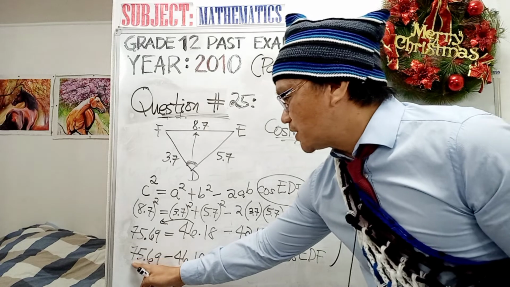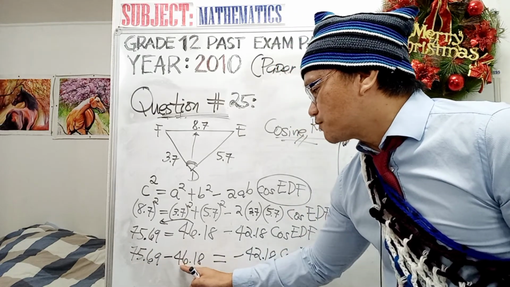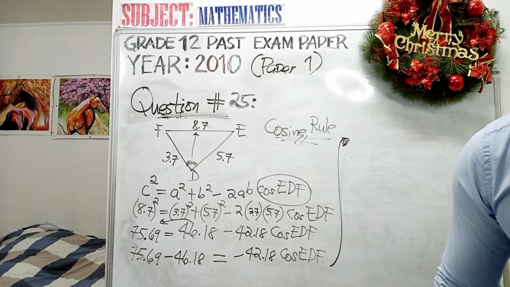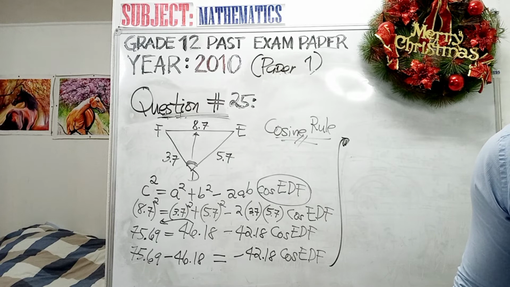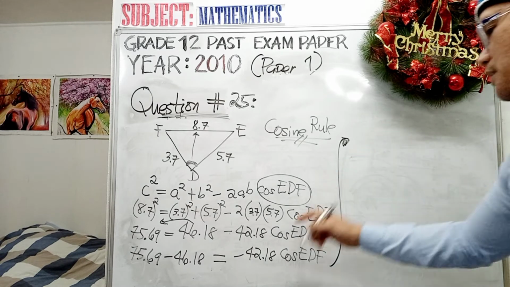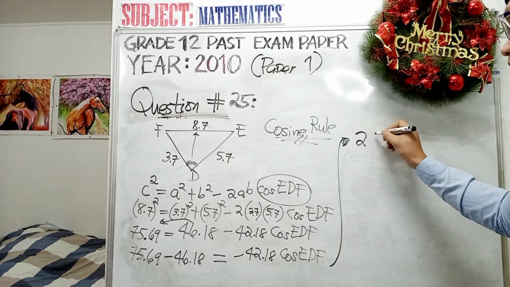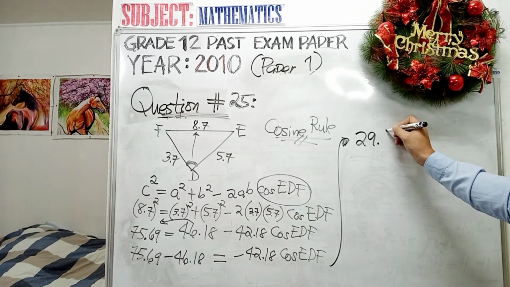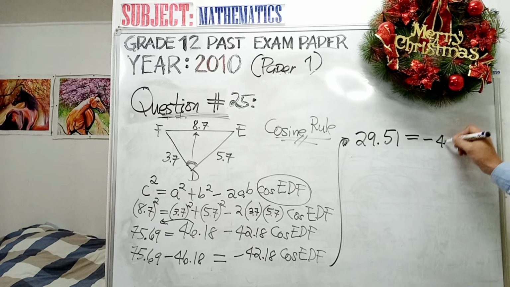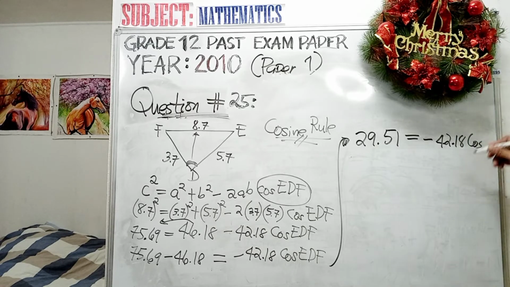So the difference between 75.69 minus 46.18, using your scientific calculator, is equal to 29.51. That will be 29.51 equals negative 42.18 cosine EDF.